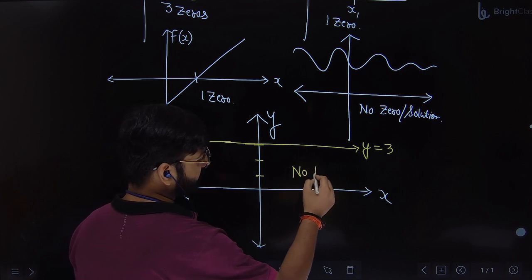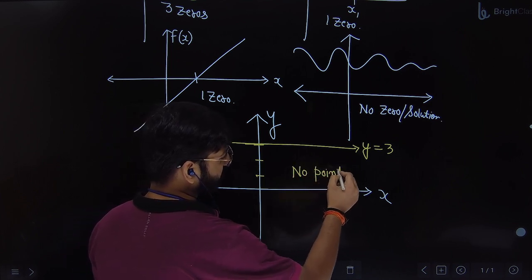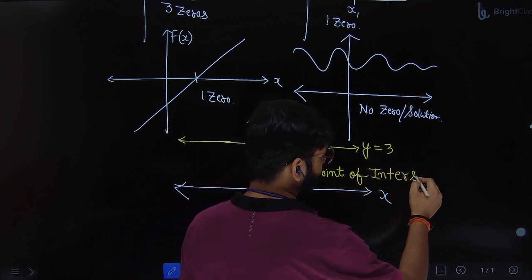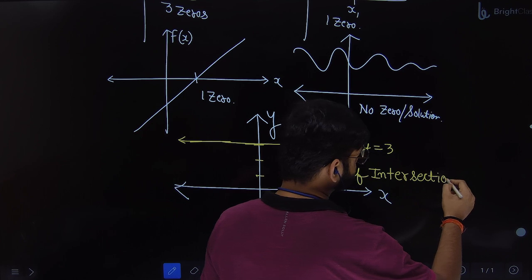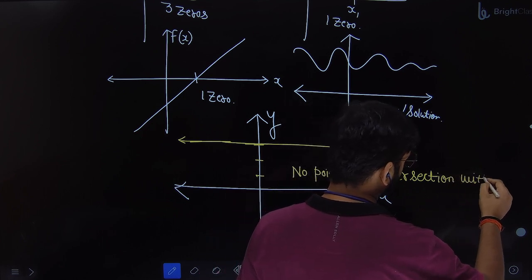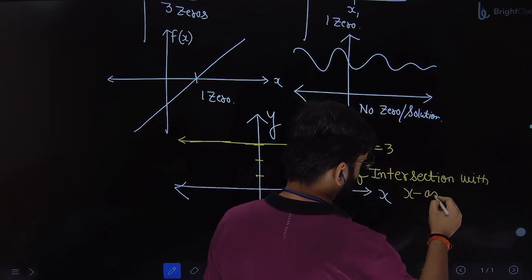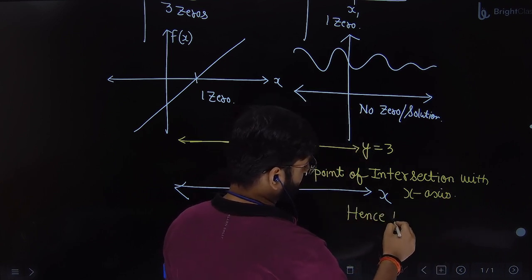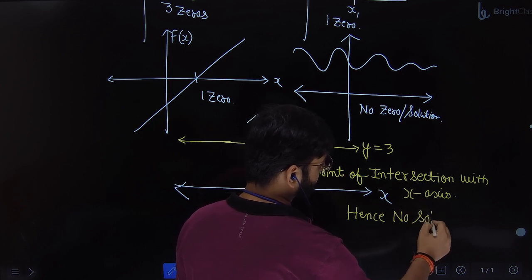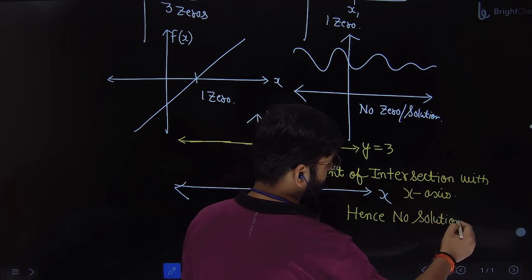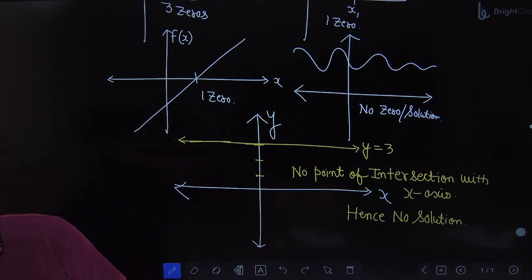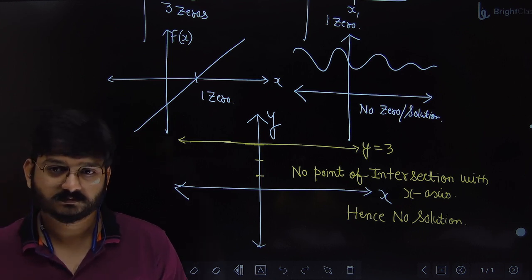So no point of intersection. No point of intersection with the x-axis. Hence, no solution or zero solutions.